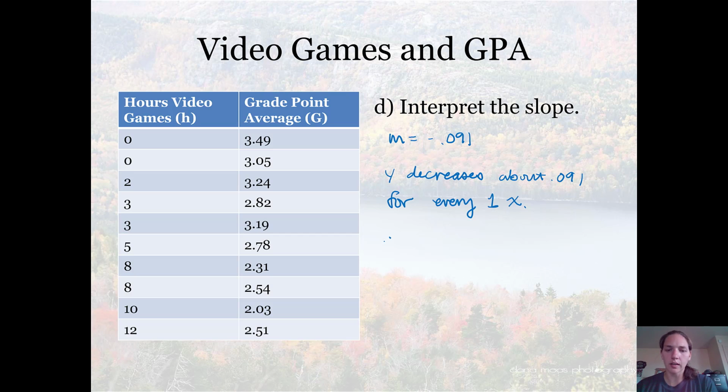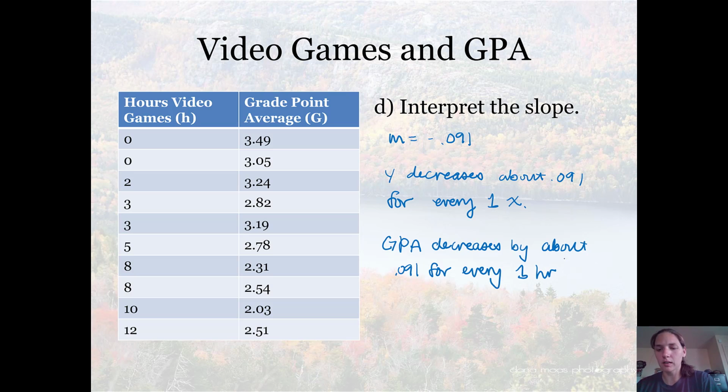So we would say the GPA decreases by about 0.091. So you're losing 0.09 on your GPA for every 1 hour playing video games.